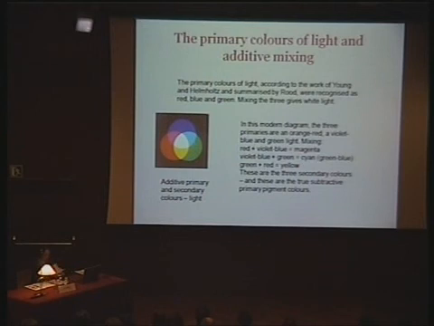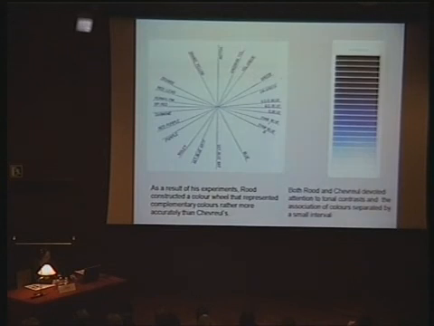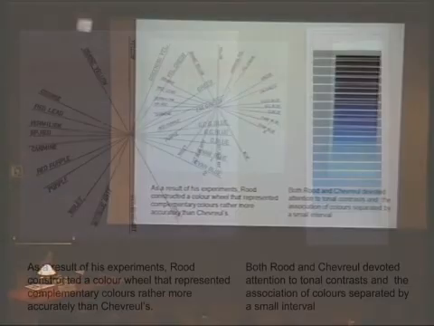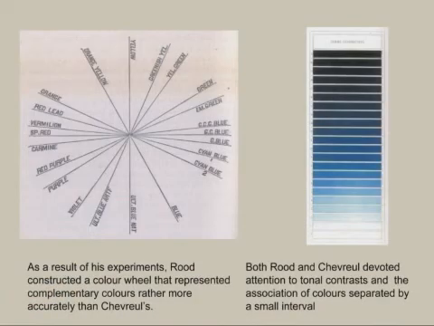Rood carried out colour matching experiments, many based on spinning discs of paper, painted in different colours, others using coloured glass filters under different lighting conditions. From these and a series of equations he derived from them, he constructed an accurate diagram of contrasting colours, from which it can be seen that, for example, vermilion is complementary to a greenish blue.